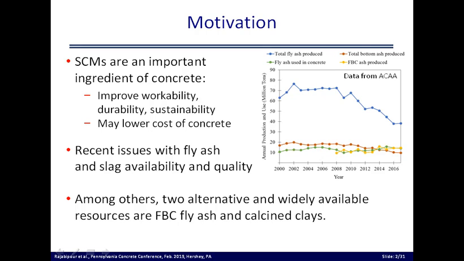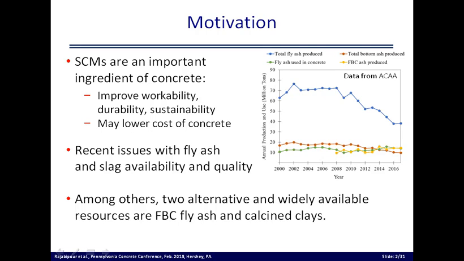There has been a study that came out recently that suggests that if all stays the same, the supply of specification compliant fly ash by the year 2030 would stay at around 15 million tons, while the demand will exceed 35 million tons. So there's a large supply gap.